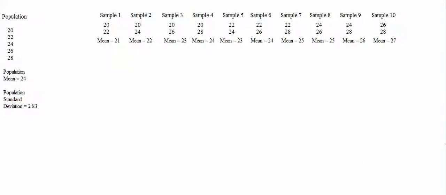Let me put that question on here. What 2 sample means are at the boundaries of the middle 80% of the possible samples.